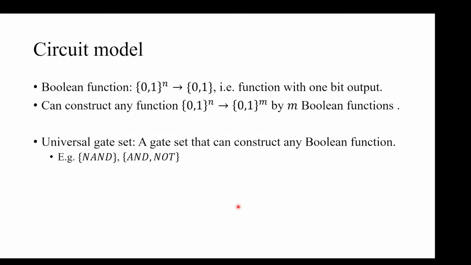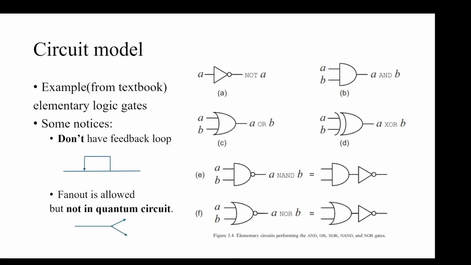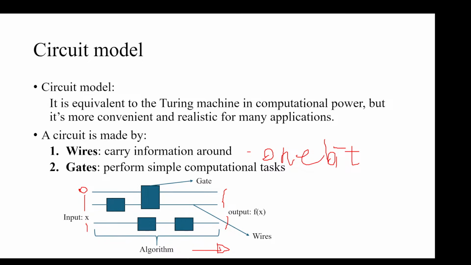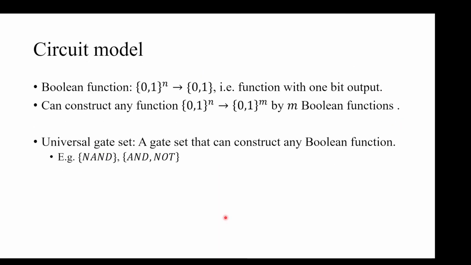In the circuit model, this is actually talking about Boolean functions. The circuit model can compute a lot of things, so you have the input and you have output. The most basic things we want to compute are those Boolean functions.